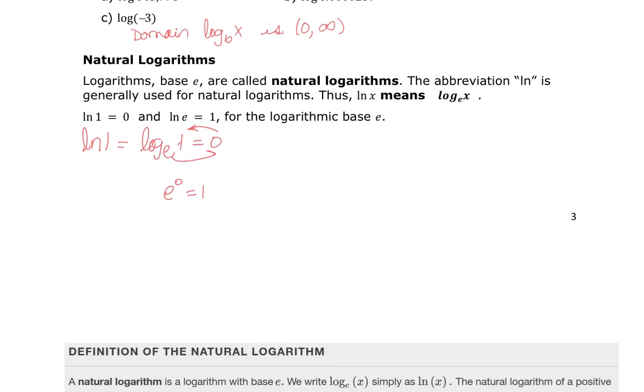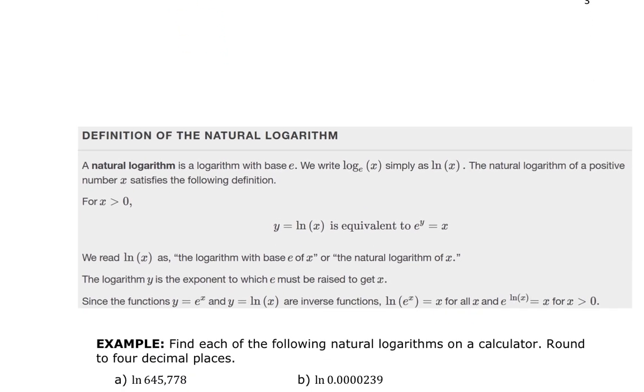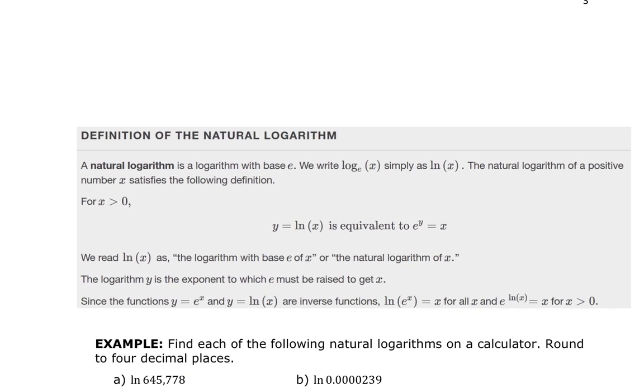Now, e is a number, and that number is about 2.72.